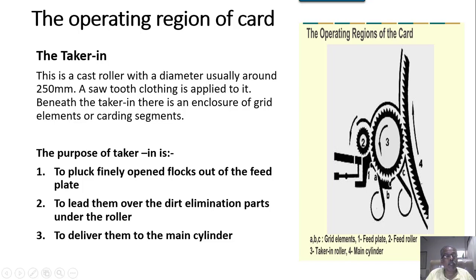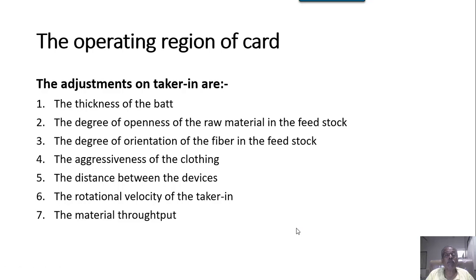So the finely opened flocks are fed, and led into the dirt elimination parts under the rollers. This is what the suction, what I already discussed, to deliver them on the main cylinder. So this already we have discussed.